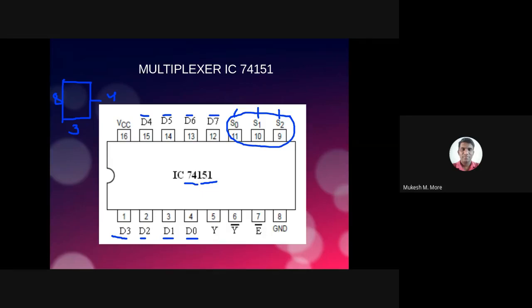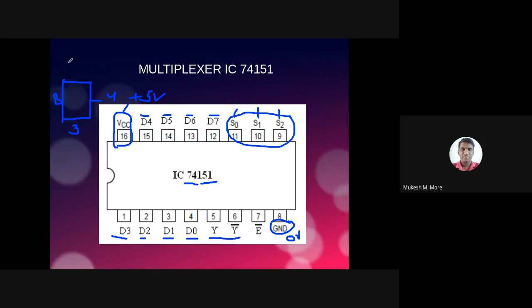Now if you look at the other pins of this IC, we have pin number 16, where we provide plus 5 volts. Then we have ground, 0 volt. Then the most important thing in this IC is Y and Y bar.